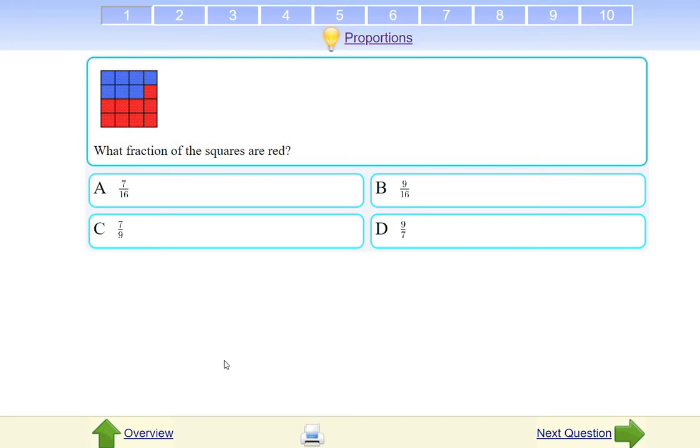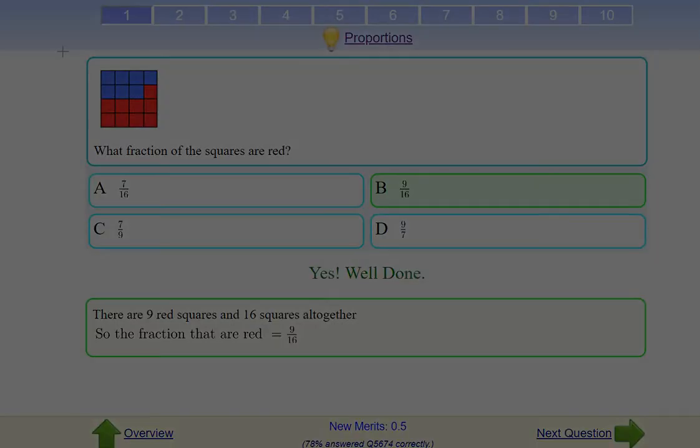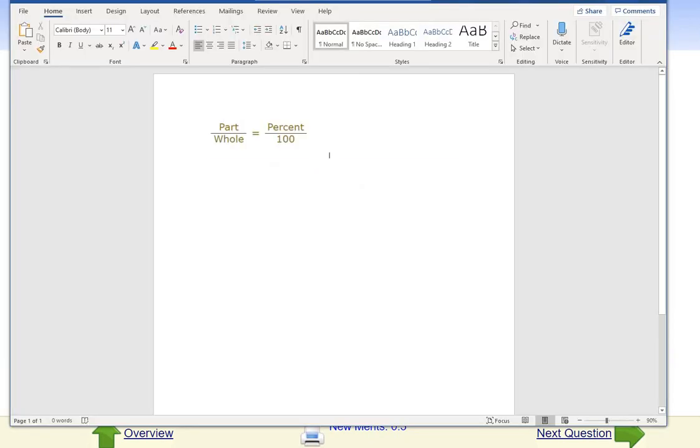Would it be D? D as in dog. Fraction of the squares. Oh, wait. B. B as in beautiful, right? Yeah. Great. Okay, let's move on to the next question.